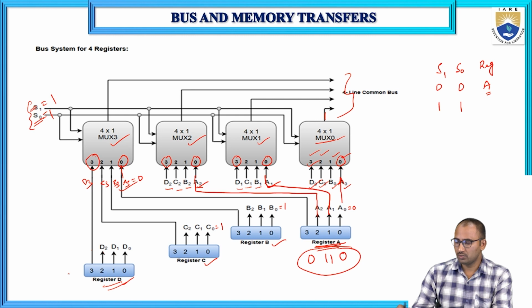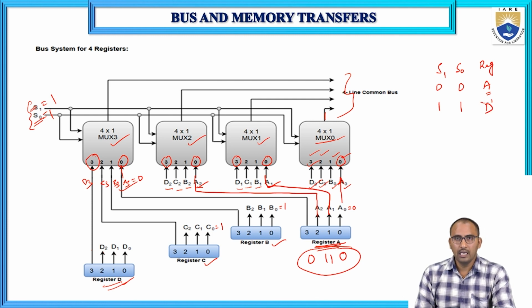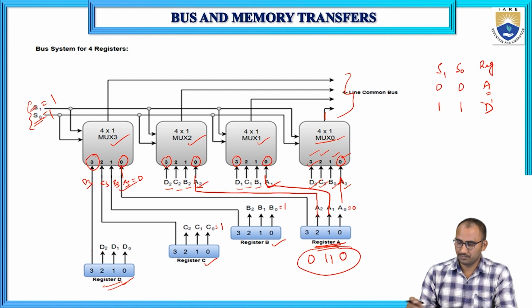So when both selection lines are 1 1, register D will be selected. In this way, based on the selection lines, that particular register will be selected. This is a way of transferring the information from one register to another register using a common bus system.